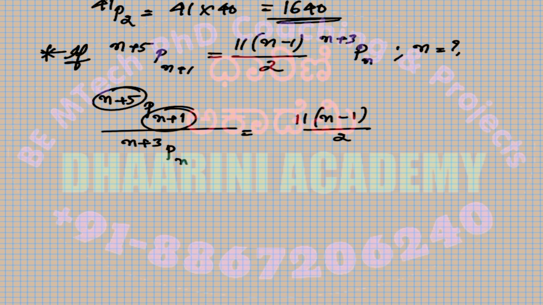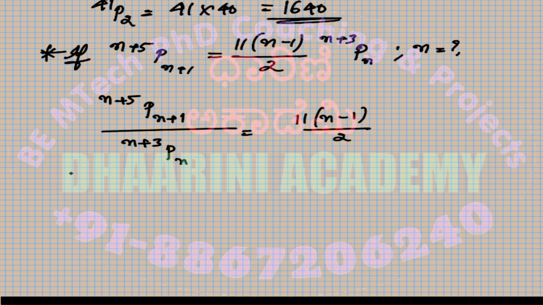Now, let me try to reduce the terms and bring it into the required format. So this is n+5 I have. When I have n+5 and I try to reduce, this is n+5 into n+4. Now what remains is (n+3)P. The n+1 also should reduce by 1.